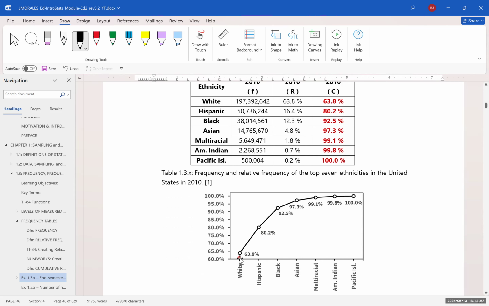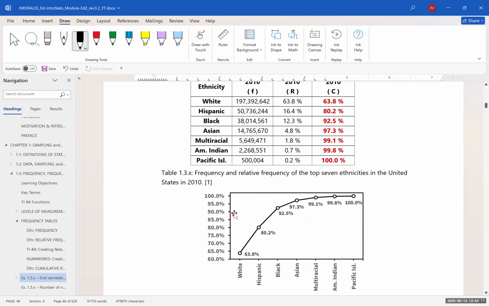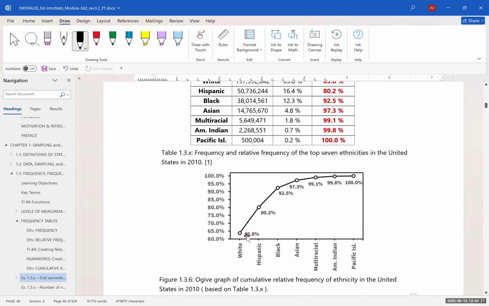So what this is showing is that I chose not to graph it from zero, because zero would be down here. Going from 0 to 63.8 shows the greatest increase, which means the white ethnicity is the greatest proportion, with 63.8% of the population.